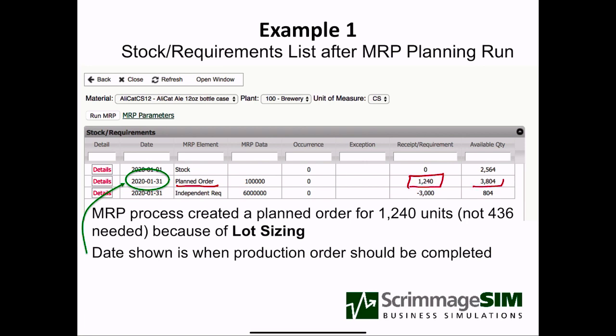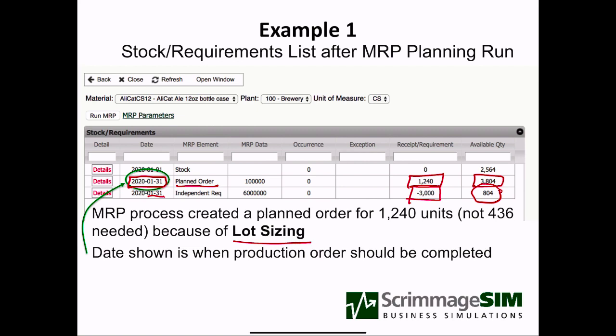That will bring our balance to 3,804, and the date that it recommends this planned order being completed by is January 31st, the exact date that we specified that we need 3,000 cases of beer, which will leave us with an inventory of 804. How MRP came up with this decision was based on some basic logic, the basic inventory balance equation, but also some things we specified.